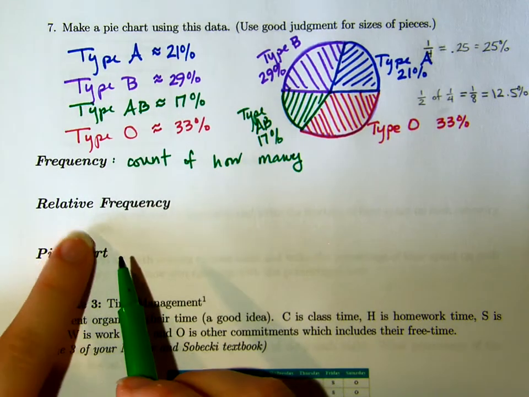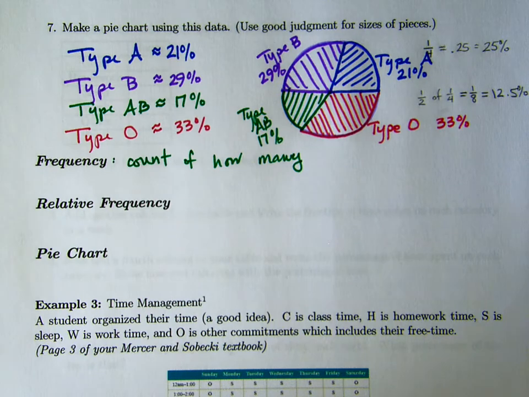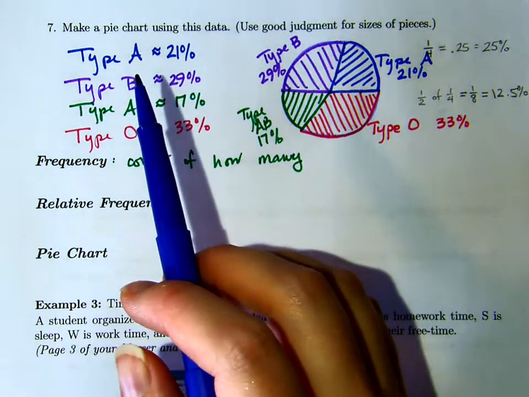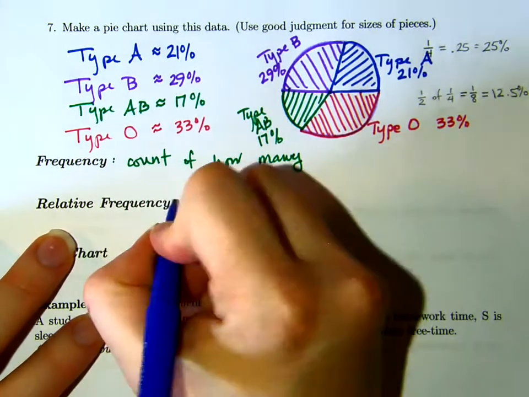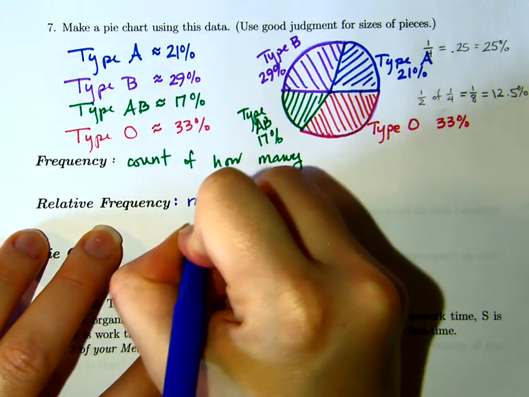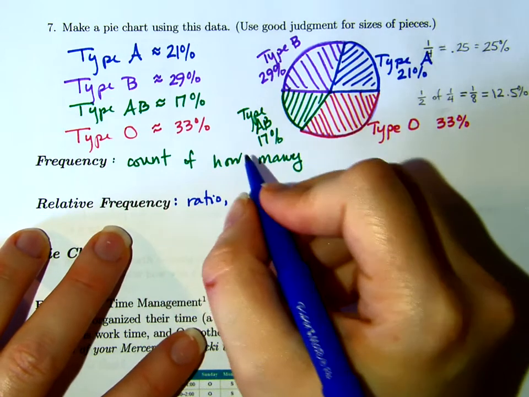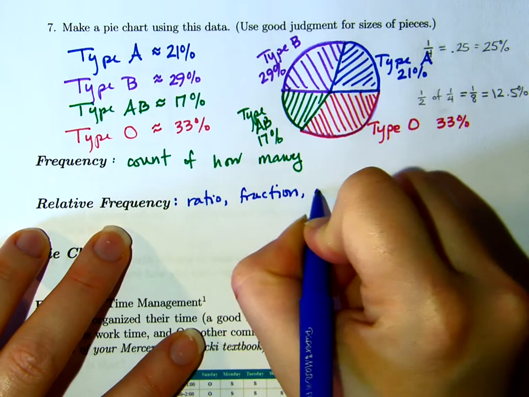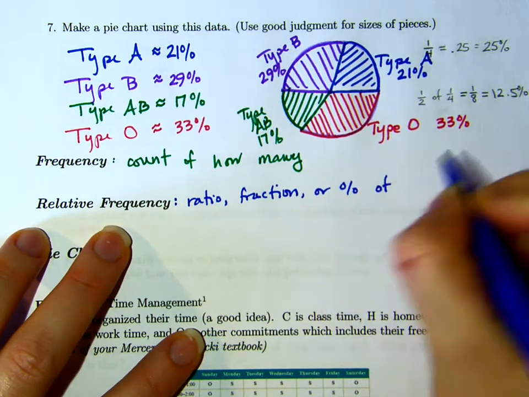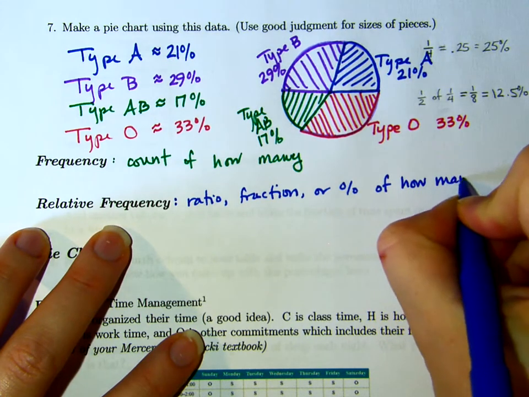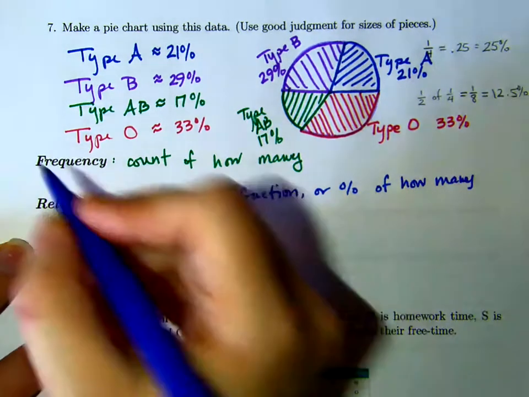Relative frequency. So I just said out of, and that to me is relative. So the raw count of type A was actually 5. The relative frequency of type A, now that's different. So this is a ratio, a fraction, or a percent of how many out of the total.